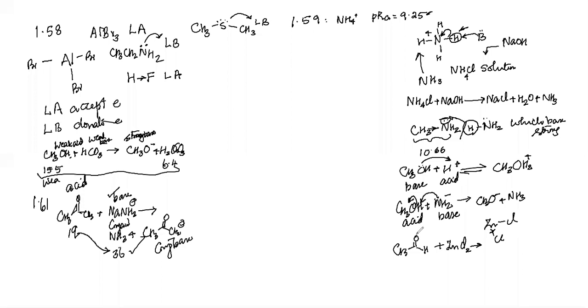Always think about lone pairs of electrons. If you have a compound with a lone pair of electrons, generally it will act as a base. So it will form a C=O to Zn bond, a weak bond here, with Zn, Cl, Cl.